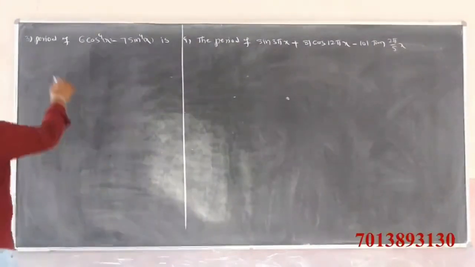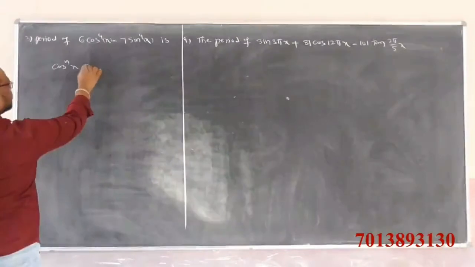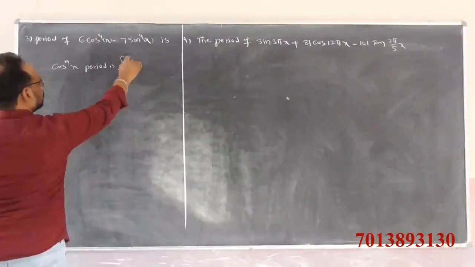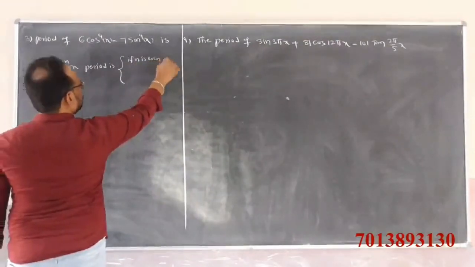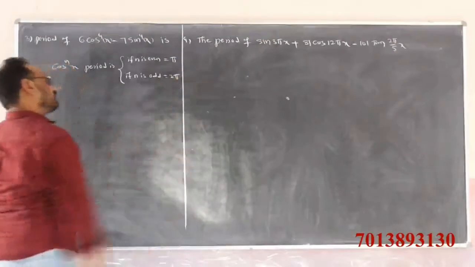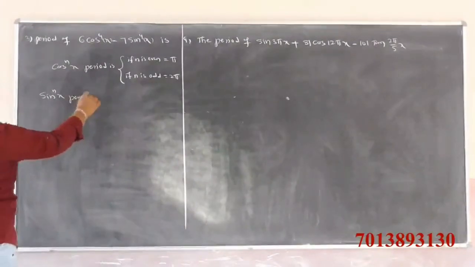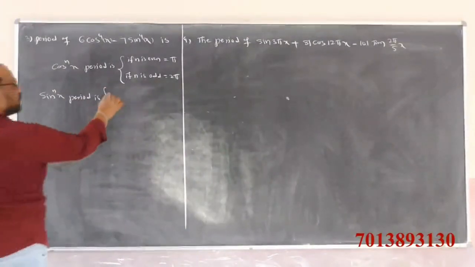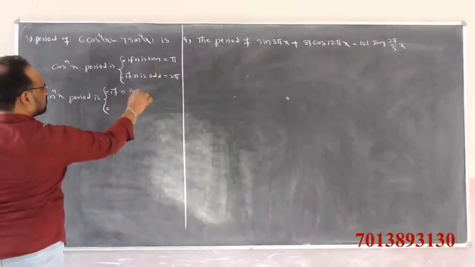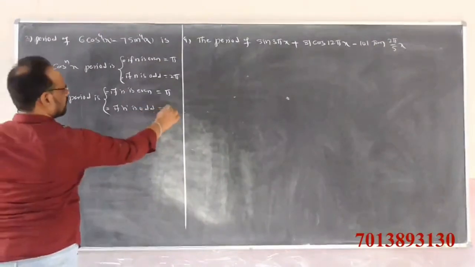Already we know that for cos power nx, the period is pi if n is even, and 2 pi if n is odd. Same for sin power nx, the period is pi if n is even, and 2 pi if n is odd.